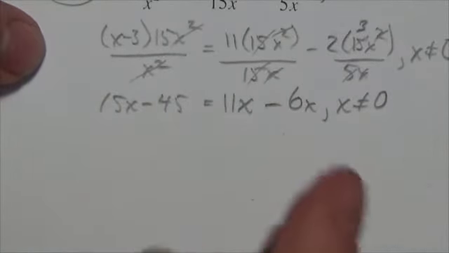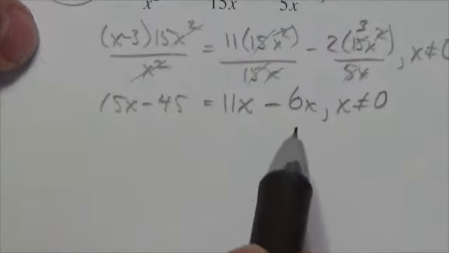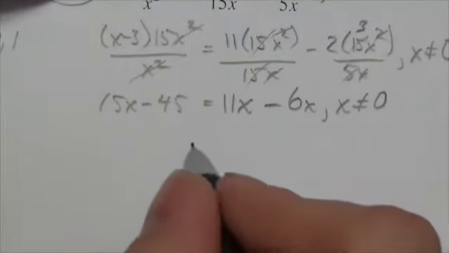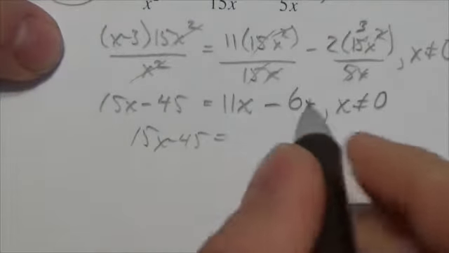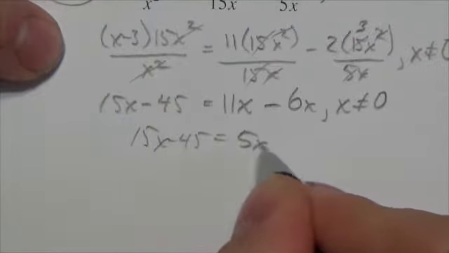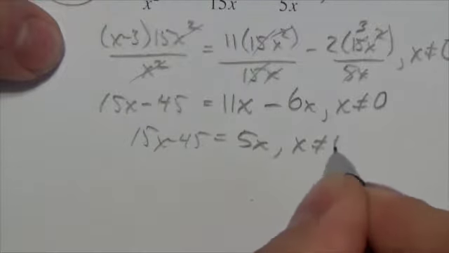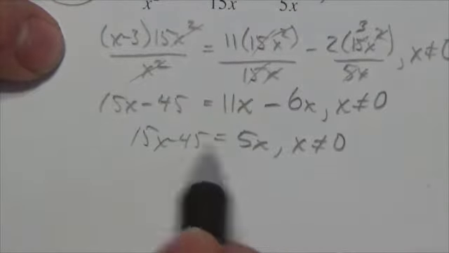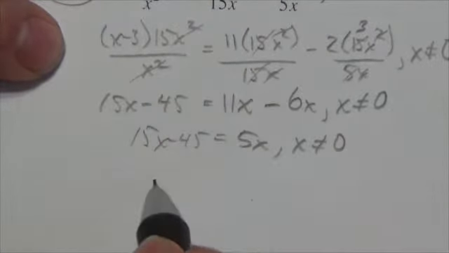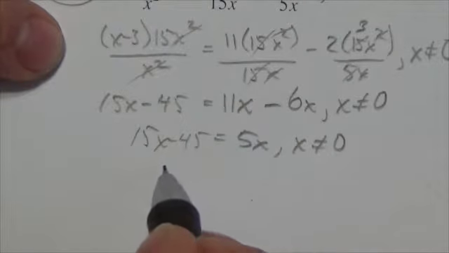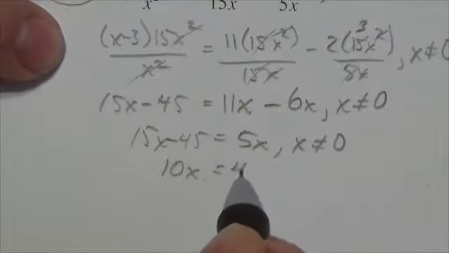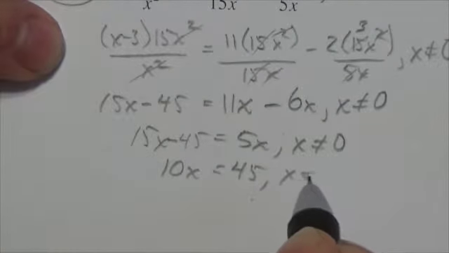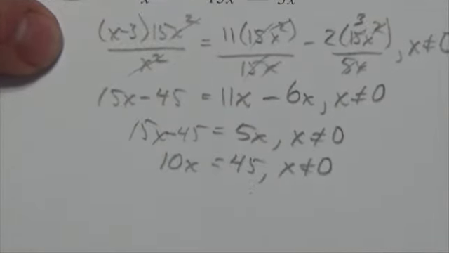That's a wonderful little equation. Let's deal with this first. So we're going to have 15x minus 45 is going to equal, well, 11 minus 6 is 5x, where x can't equal 0. Now I'll bring the 5x over and I'll bring the 45 over. So 15 minus that 5 will be 10x. And then it's negative 45, and when I bring it over, it'll be positive 45, as long as x doesn't equal 0.